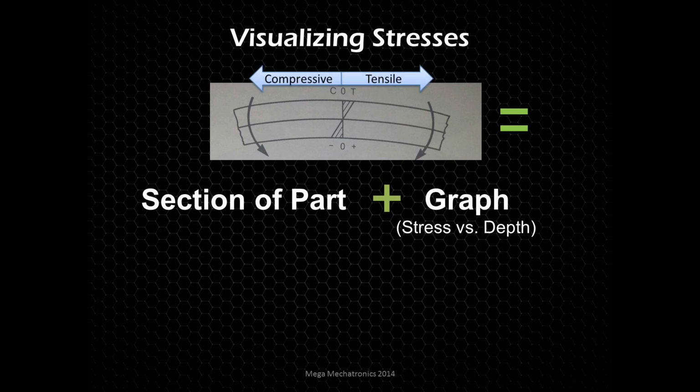You can see there's a C, a 0, and a T, representing compressive stress, or negative stress, and going to the right is tensile stress. For our other scale of this graph, we have the depth. The top edge of the graph is the top edge of the part. The line in the middle is the middle of the part. And then we go to the bottom side.